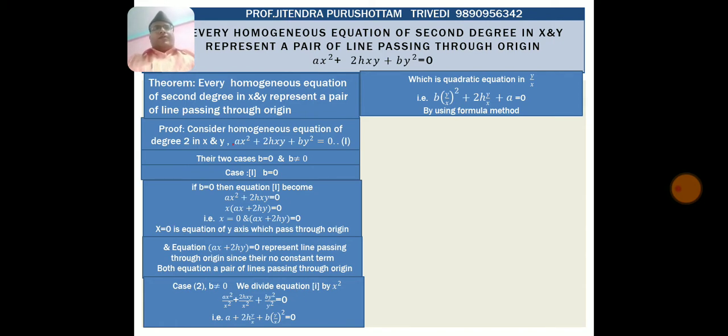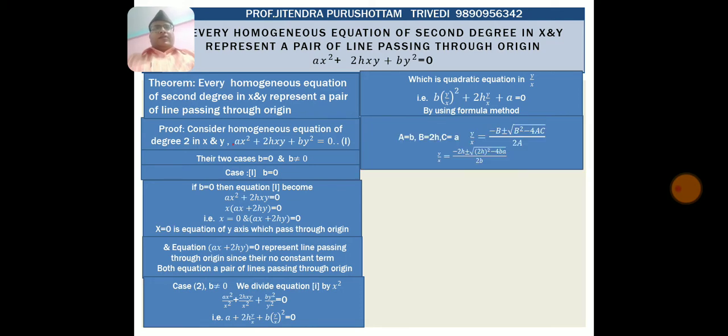We know many methods for solving a quadratic equation. Now we apply the formula method. In the formula method, we use the discriminant. Now this equation, b(y/x)² + 2h(y/x) + a = 0, is compared with Ax² + Bx + C = 0. So A = b, B = 2h and C = a.